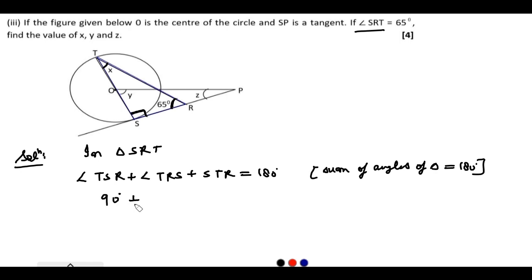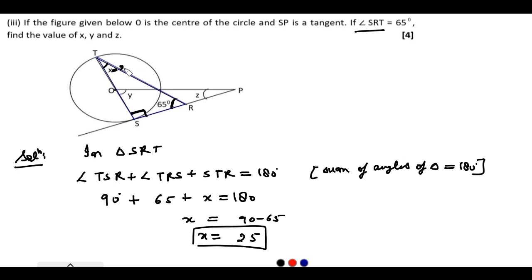This angle is 90 degrees, this is 65 and this is x. x is 25 degrees. Now this angle is known and we have to find y and z.